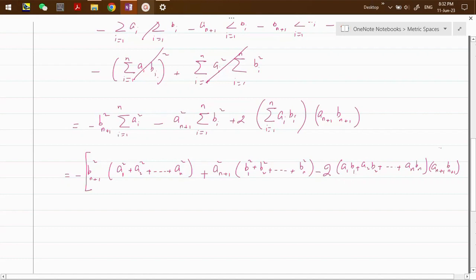So we just take common negative from all this term, and when we take common, the signs are changed, as you can see here. So the bracket is closed and we have this one. We just take common minus.